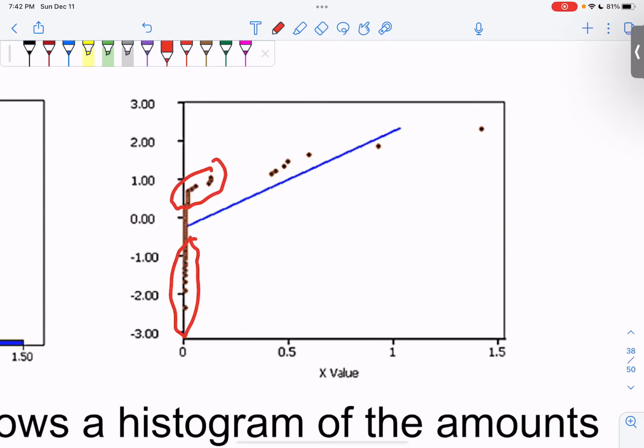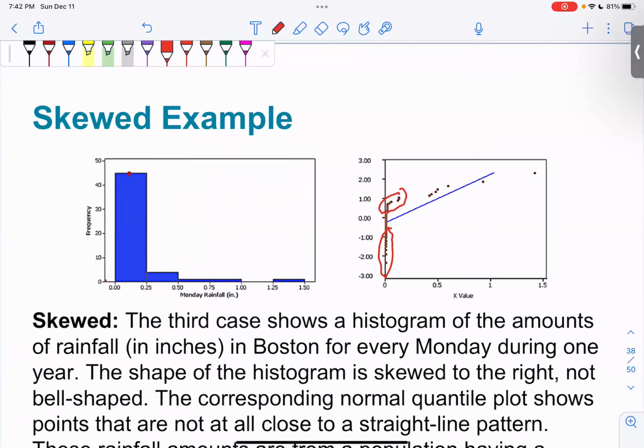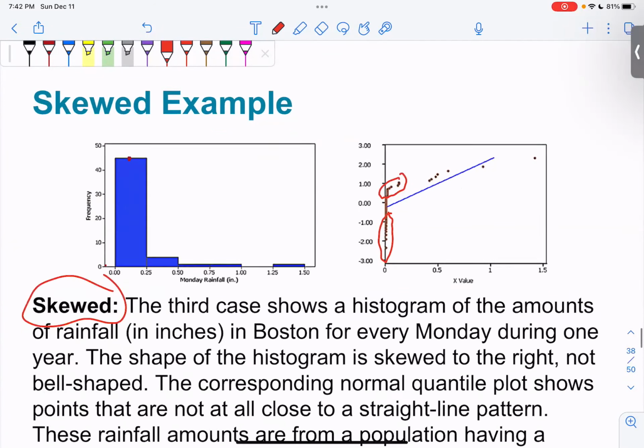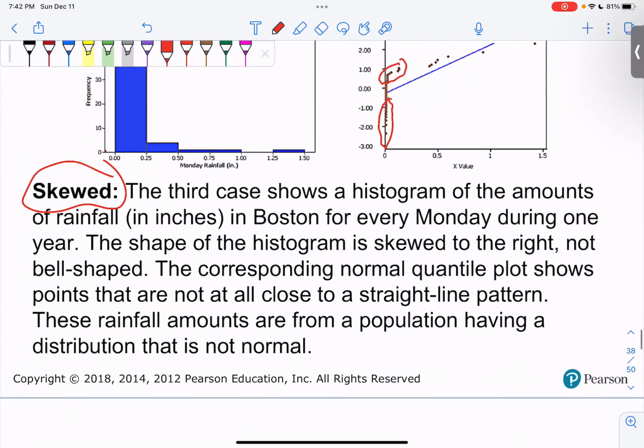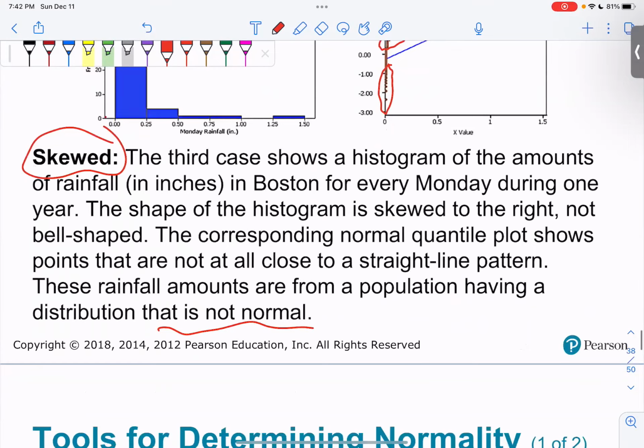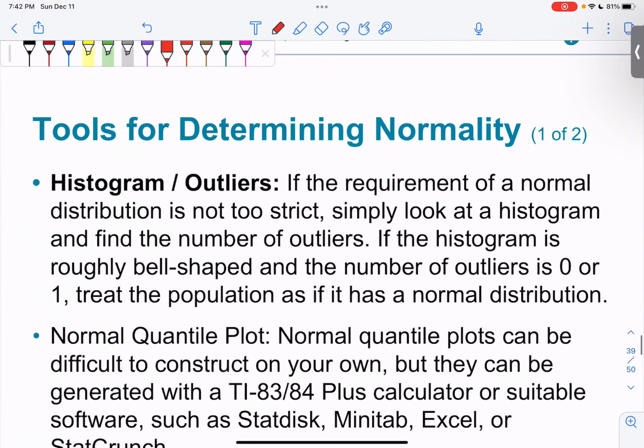Here and then here. So this is clearly not a normal distribution. It's skewed to the right. So the tools we want to use to determine normality: first one, histogram and outliers.